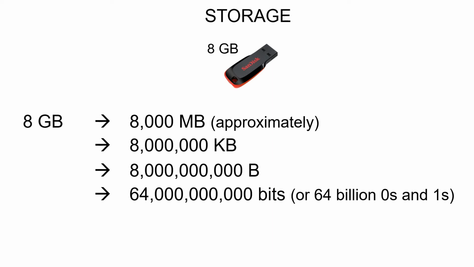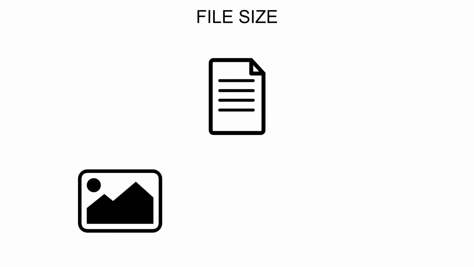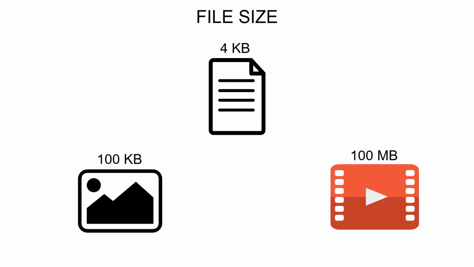So let's look at our second example of how we refer to bits in everyday talk. Consider files and their sizes, whether text files, images, or videos. We often check how big a file is. For instance, your typical text file will be something like 4 kilobytes. Your image is anywhere between 100 kilobytes and a few megabytes. Your video can be a couple of megabytes up to 100 megabytes, 700 megabytes, and some are even gigabytes.